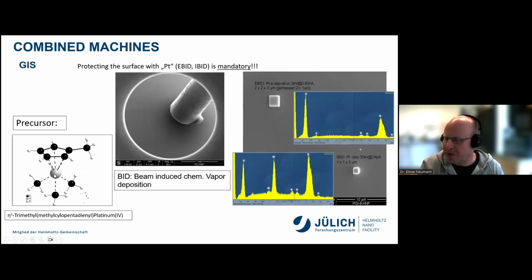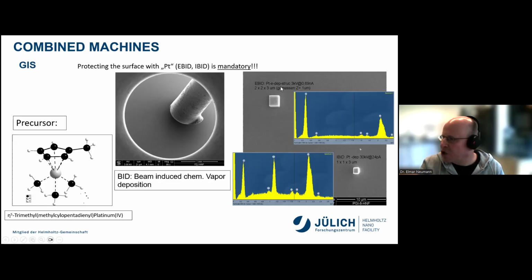In this case, we have a crucible where a platinum metal organic precursor is put, and this is vaporized under the conditions in the SEM or in the focused ion beam machine, so that through this needle, these gas atoms will adsorb to the surface and will be treated by either the electron beam or the ion beam in order to start some electron or ion beam-induced chemical vapor deposition on the surface.